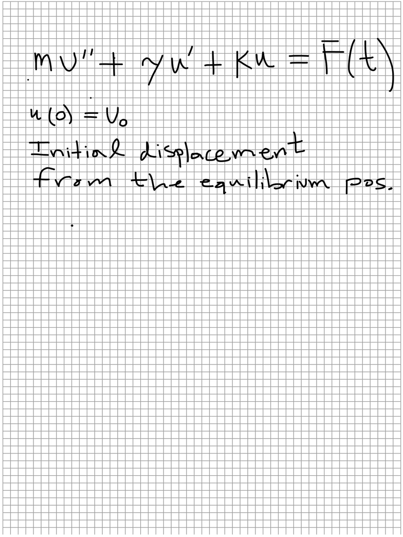And the other initial condition was u prime of 0 equals u prime sub 0, and this referred to the initial velocity.